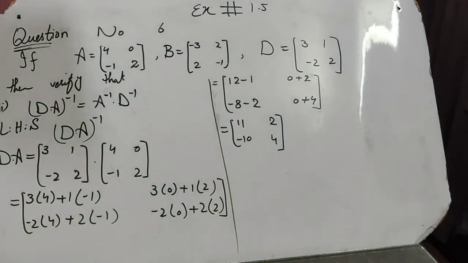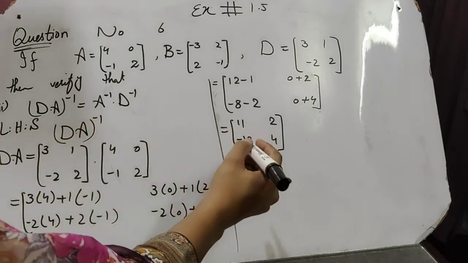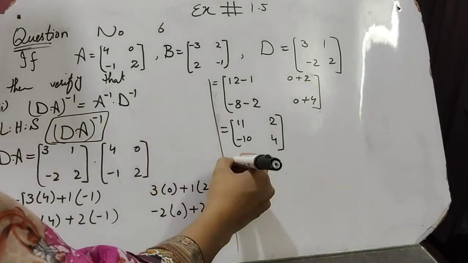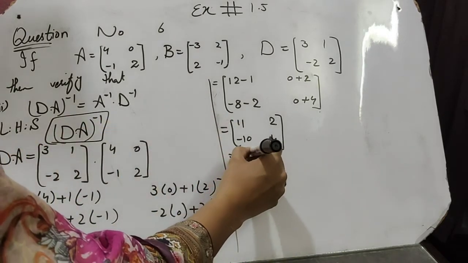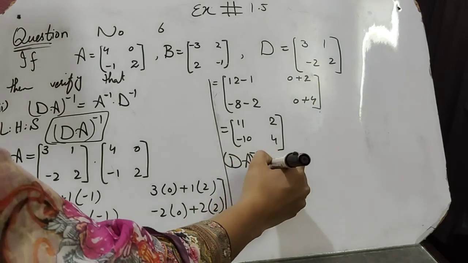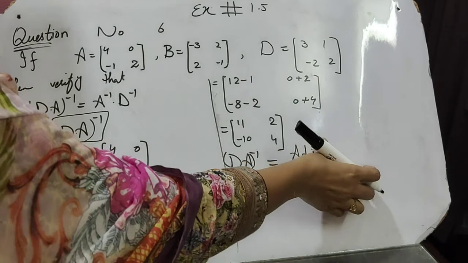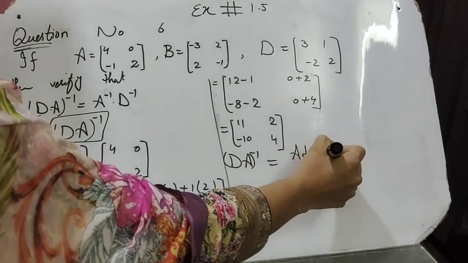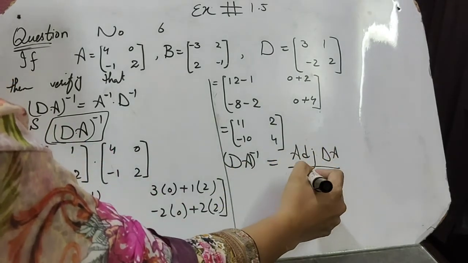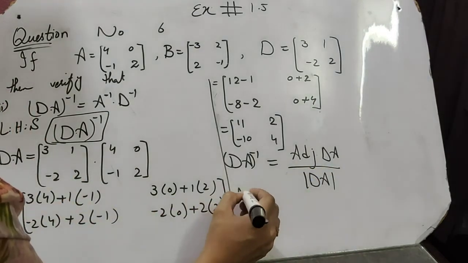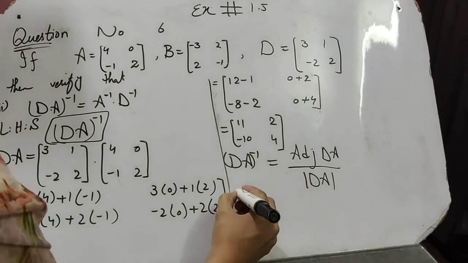This is the answer of D multiplied by A. So we want to find the inverse of D into A, and it will be equal to adjoint of DA over determinant of DA. First we find the determinant of DA.